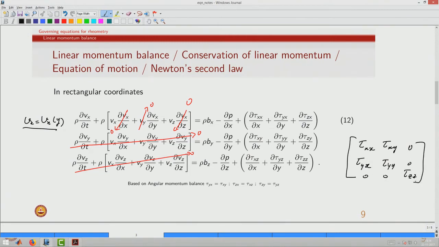By definition, based on a material symmetry argument, tau yz and tau zy, of course it is a symmetric tensor, similarly tau xz and tau zx are 0. So, we have only 4 components of stress which are possibly non-zero. Using this, we can set some of these additional terms to 0. So, tau zy is also 0.